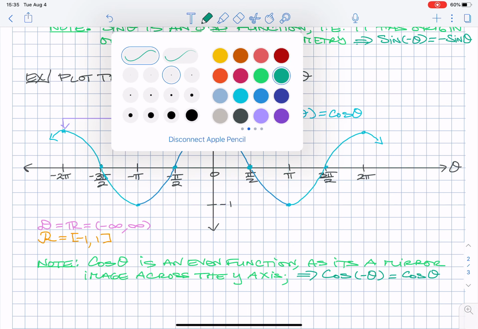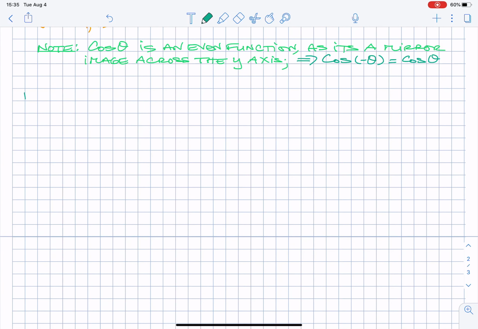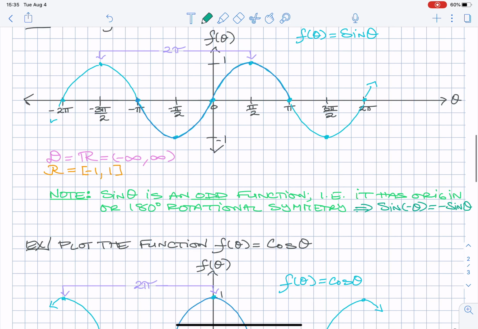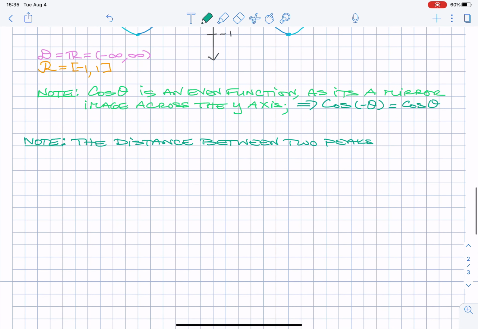So I also want to bring back up the fact that the distance between two peaks, like from here to here, peak to peak, or two troughs.